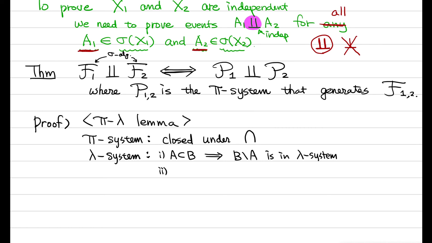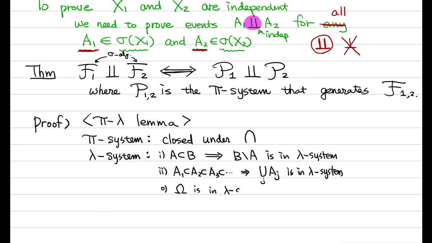The second property is that if there's a monotonic sequence of events, A1 belongs to A2, belongs to A3, and so on, then the union of all the events is in the lambda system. So that's the defining property. Of course, there's another condition which says the full set must be in the lambda system.